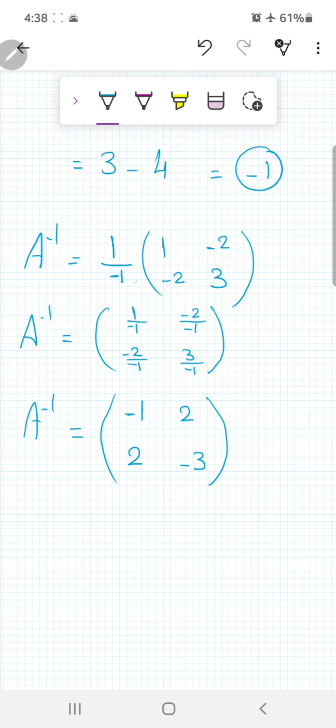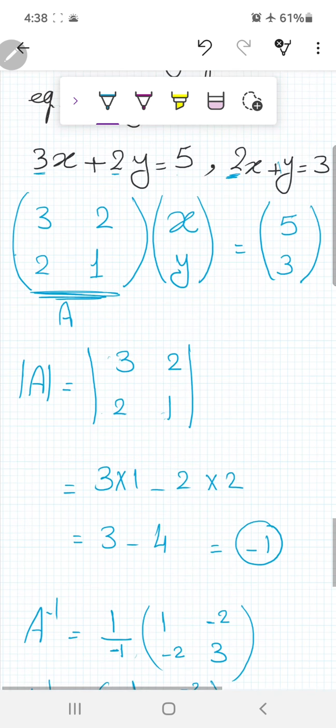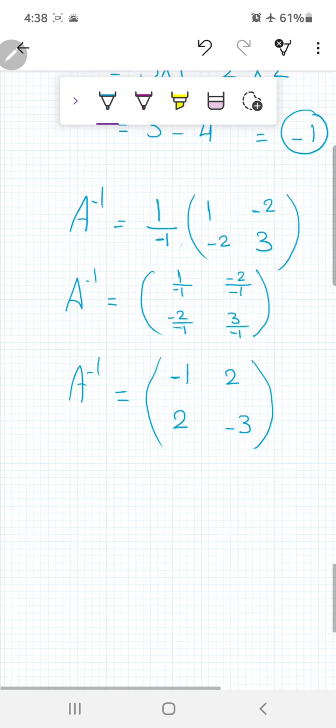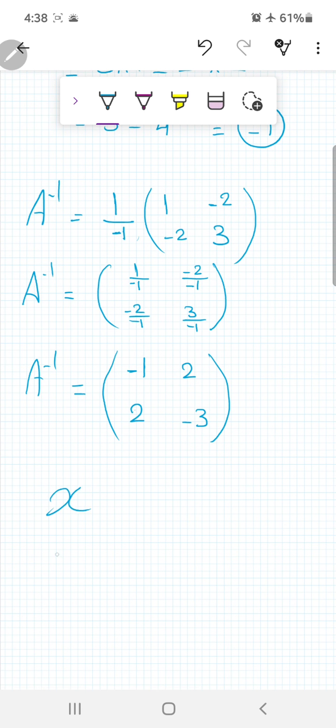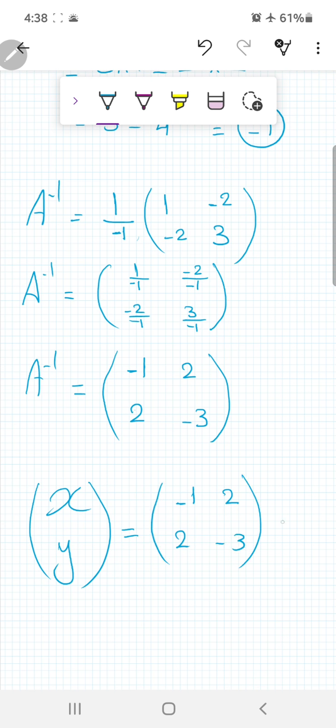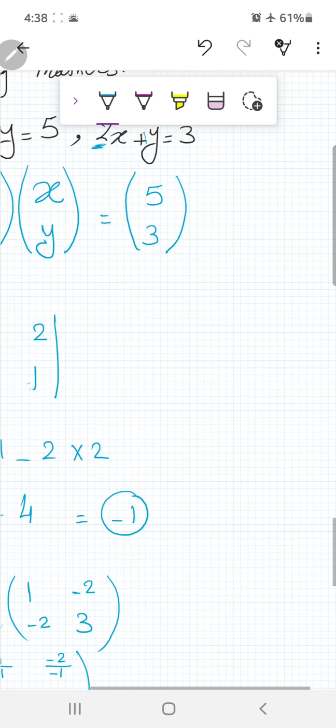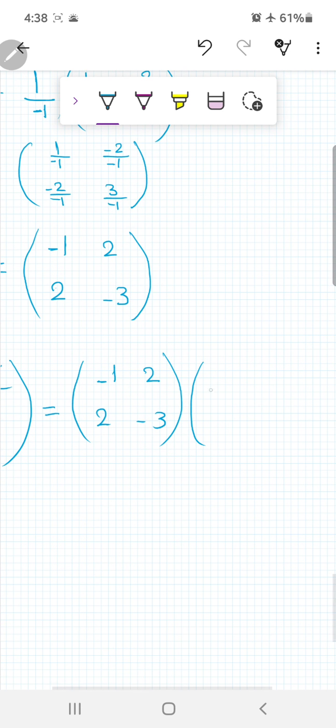So A minus 1 is this matrix. So here we have the matrix x y equals A minus 1, which is negative 1, 2, 2, negative 3, multiplied by the whole numbers, which are here 5 and 3.